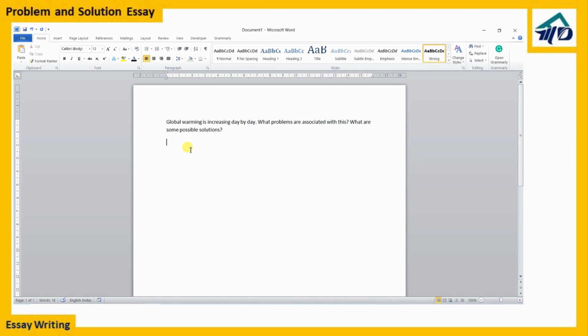Then coming to solutions, well, the solutions are very easy. Just go for solar energy, wind energy, basically renewable sources of energy. So that's all about the brainstorming points. I'm not going to write anything, but you should write points so that you are able to recollect all the things when you are writing the essay.